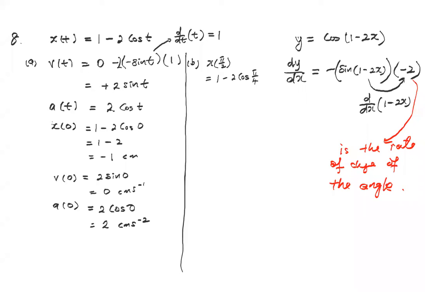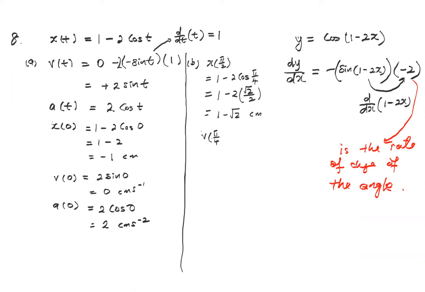Every one of us should know that cos pi by 4 is root 2 over 2. So this is 1 minus root 2, exact value. Can they ask for exact value? The answer is yes. So everyone must learn.